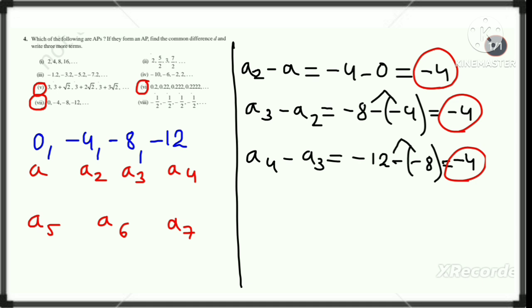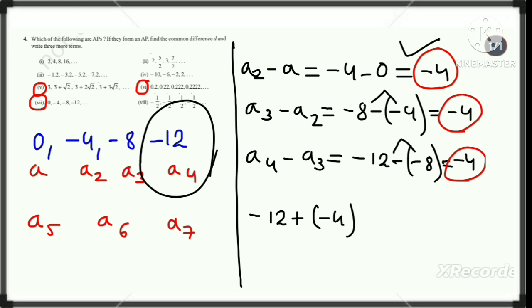For that, simply we add the common difference to consecutive terms. So firstly, let's add the common difference to the 4th term. Our 4th term is minus 12 plus, and the common difference is minus 4.